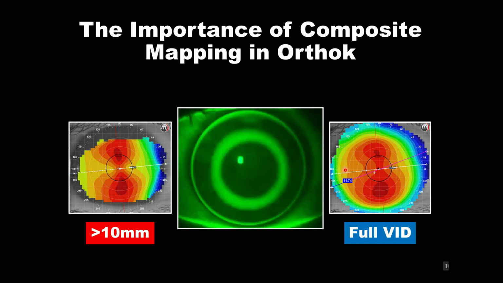So that's where the Medmont composite comes in. Because you have this large surface area of capture, you actually are able to image a larger area than the lens you intend to fit. So the composite is absolutely critical to specialty contact lens fitting and really understanding the entire anterior surface of the cornea.